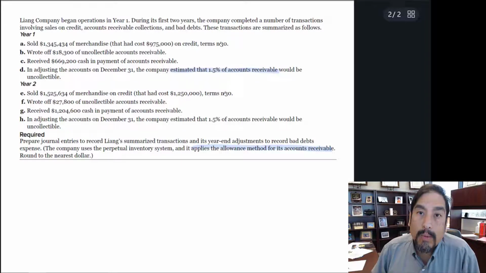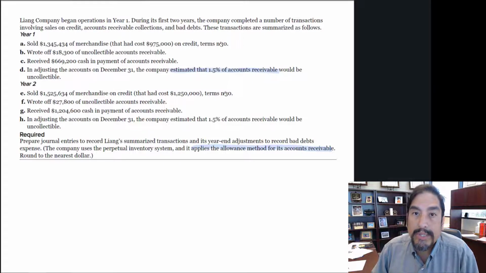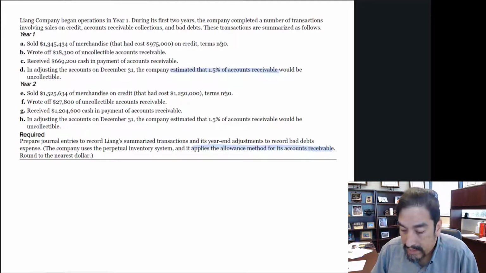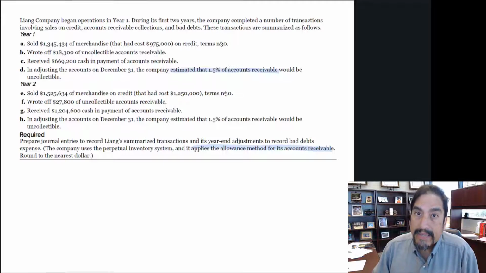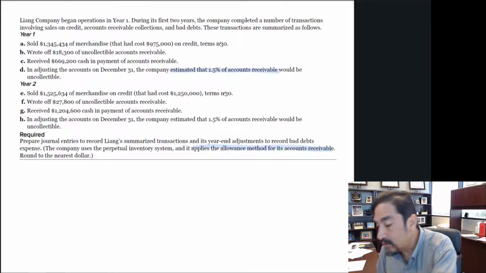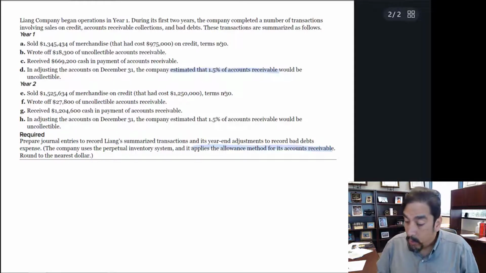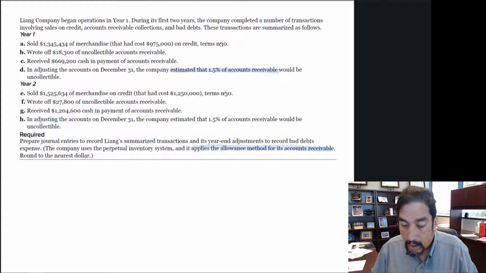We estimate that 1.5% of our accounts receivable is uncollectible, so that means we're using the percent of receivables method. Remember, the percent of receivables method has that extra little step in there. We'll get to that in a bit. First, let's just record our journal entries.